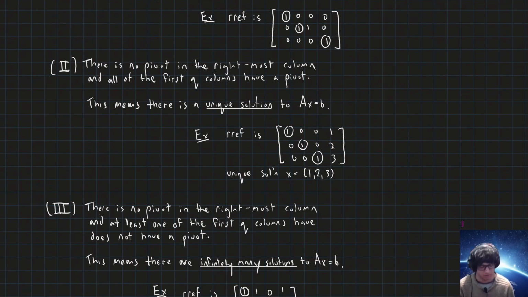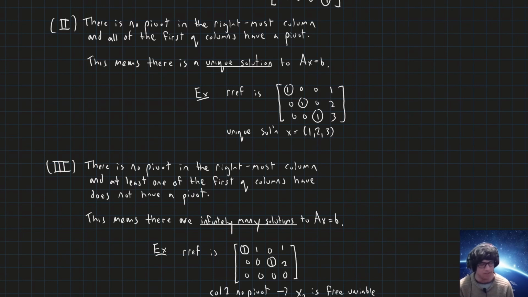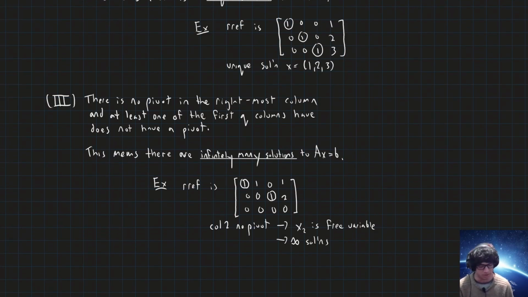The final possibility is that there are infinitely many solutions. What's the condition? There is no pivot in the final, rightmost column, and at least one of the first q columns does not have a pivot in it.